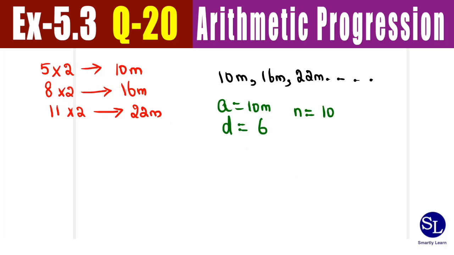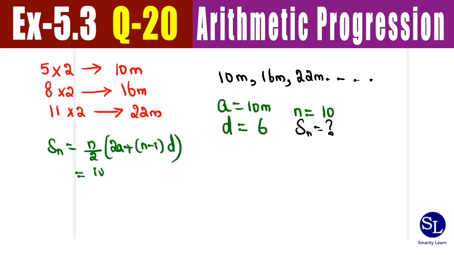So what is the total distance the girl has to cover? Which means Sn is what is asked. So let's apply the formula. Sn = n/2 [2a + (n − 1)d]. So let's start substituting. 10 by 2, 2a is 2 into 10, so that is 20, plus 10 minus 1 is 9, so this is 9 into 6.